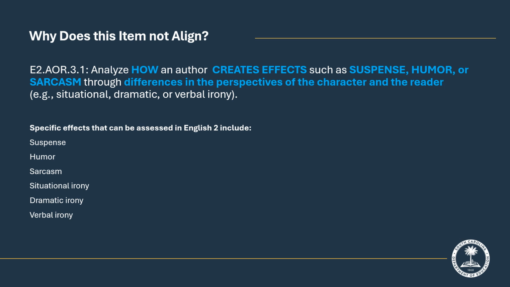AOR 3.1 in English 2 is quite different from the 2015 indicator. The new English 2 indicator outlines that by the end of the grade level, students should be able to analyze how an author creates effects such as suspense, humor, or sarcasm through the differences in perspectives of the character and the reader.